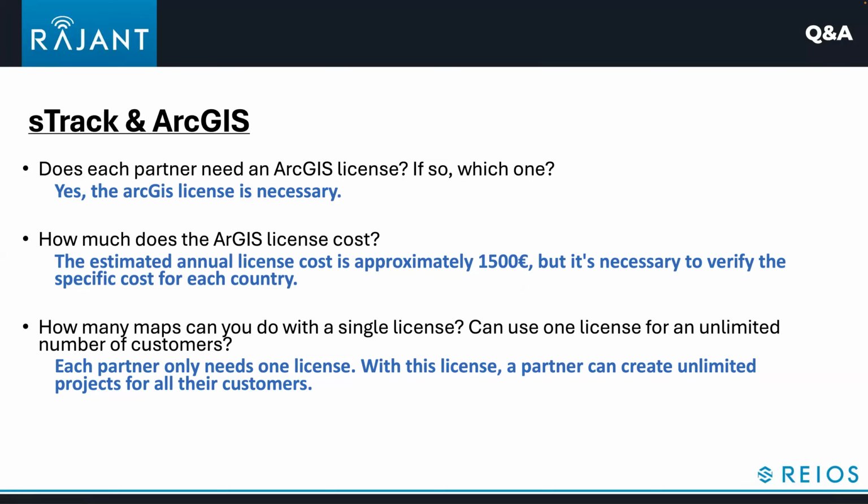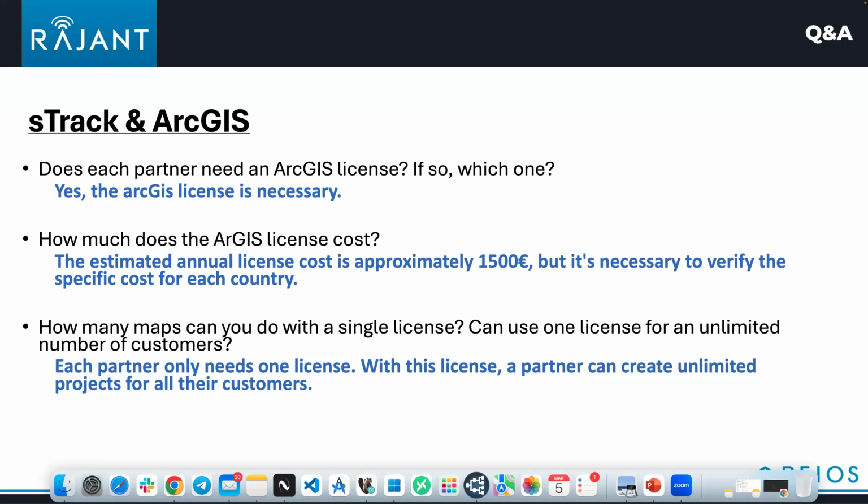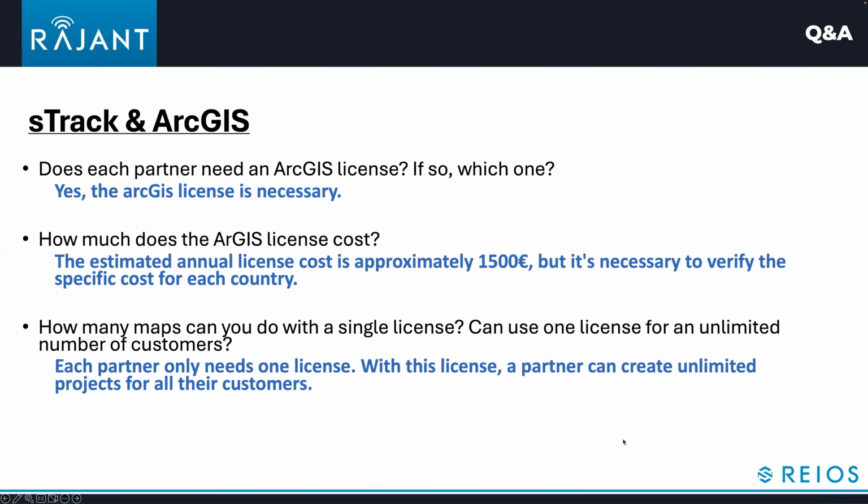We need this to create the map with the procedure that we saw last time, on the first day of the training. Normally, the license can be used directly by the partner, with the same license for all the final users that need the system.